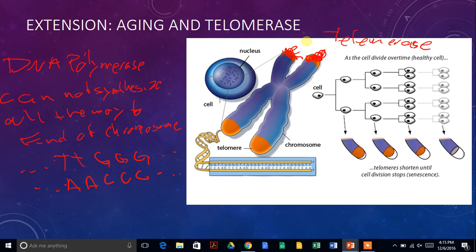But telomerase is not present in somatic or normal body cells, which means over time the telomeres are worn down as the generations go on and on. The shortening of telomeres and starting to remove DNA on chromosomes is thought to be responsible in part for aging.